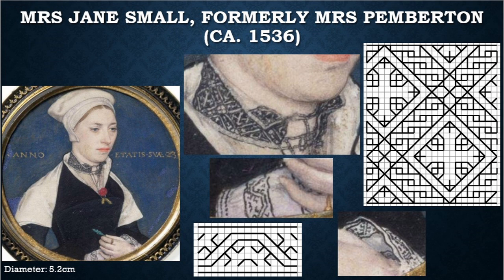What is on the front is the same as what you see on the underneath side of her cuffs. The other thing I think is neat is the diameter is only 5.2 centimeters, so this is a very small portrait, but Hans Holbein the Younger was able to get the detail work very nice, neat. It is gorgeous how we're able to zoom in and look and recreate the patterns.